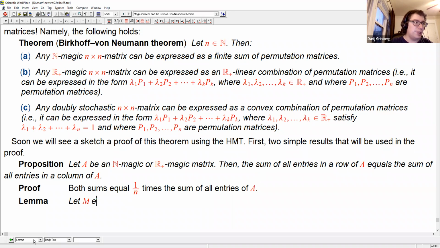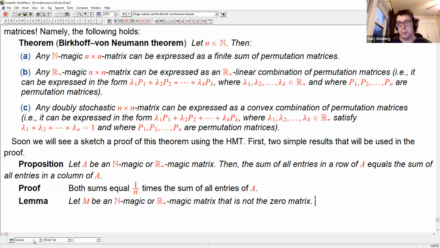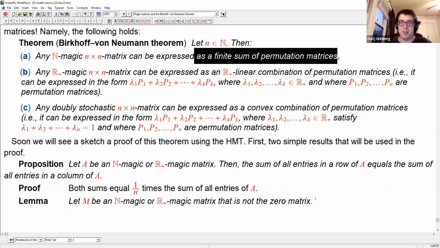Okay, so let M be an n magic or R plus magic matrix that is not the zero matrix, because of course the zero matrix is magic, but that's boring. And by the way, the finite sum can be empty, so the zero matrix is expressible as an empty sum of permutation matrices. I'm not going to make an exception for this. It fits the rule. You just have to accept empty sums.